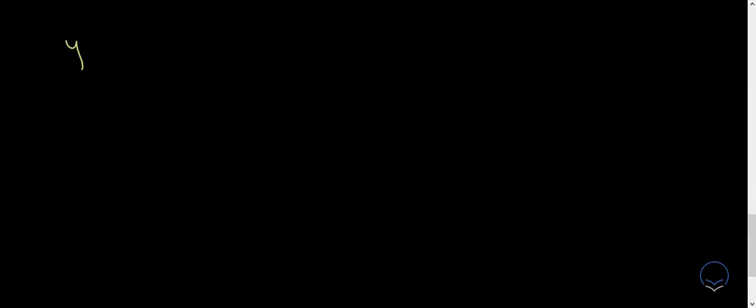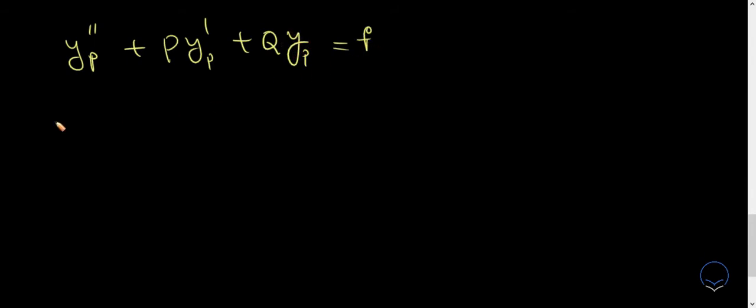So let me write the whole thing again. This will be y double prime, this will be p y prime, and this is q y. Obviously these are the particular solutions that we are looking for, and we'll have our f.